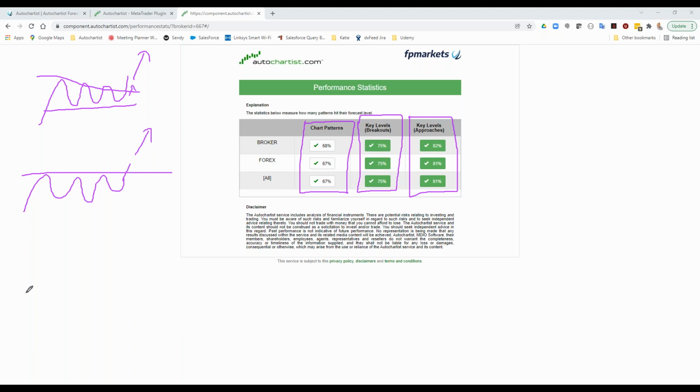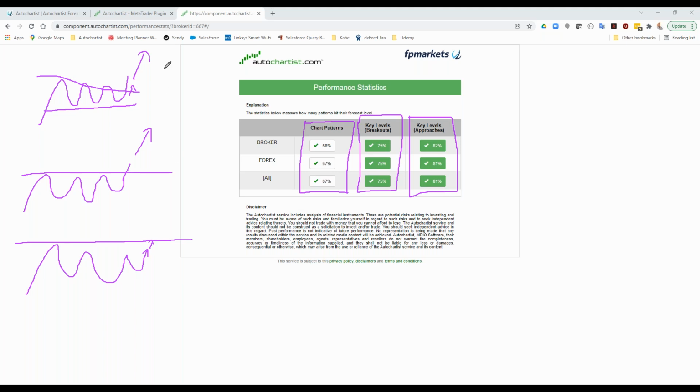And approaching key levels is when the price is oscillating and potentially moving towards a key level, but hasn't yet broken out, right? So the price has not yet broken out, but this key level provides a target for the forecast.